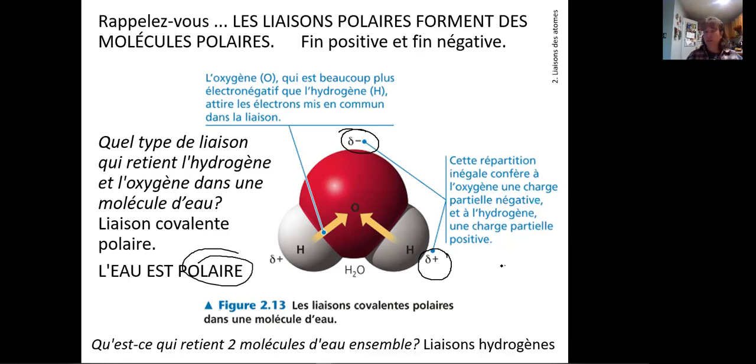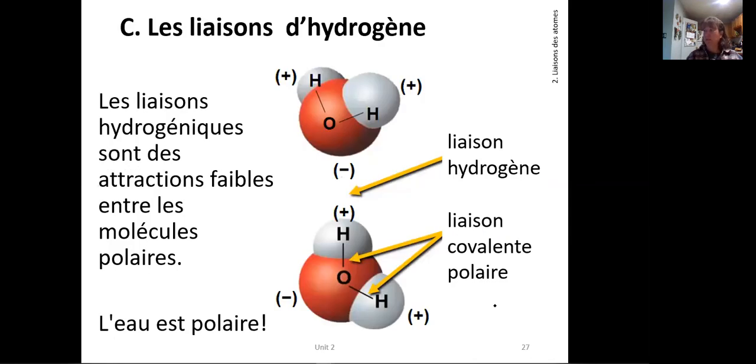What holds these two molecules together? It's a different type of bond called a hydrogen bond. So now we're talking about our third type of bond, hydrogen. Here we have two water molecules.